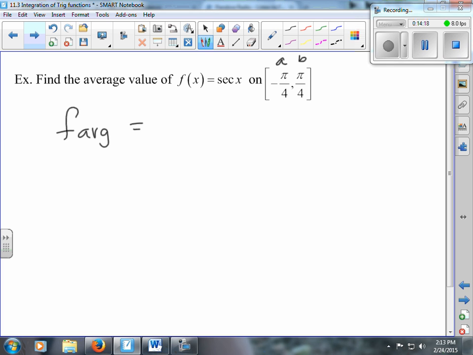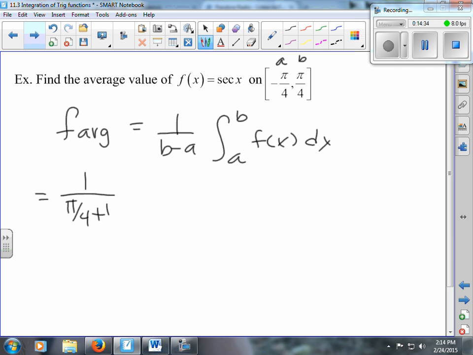What is the definition of the average value of f on AB? That's what it is. So for us, 1 over b minus a, pi fourths minus negative pi fourths, integral from a to b, negative pi fourths to pi fourths, of secant of x.